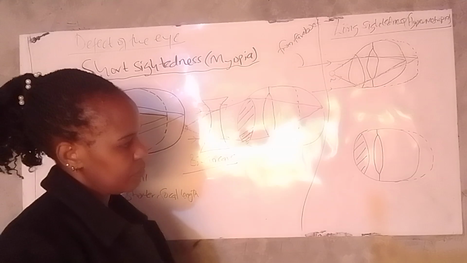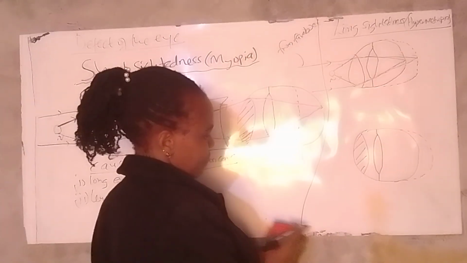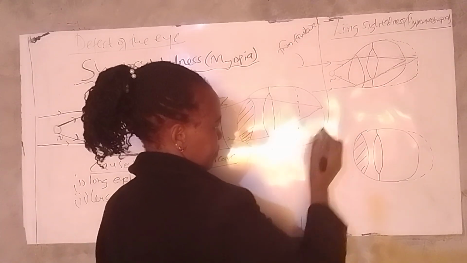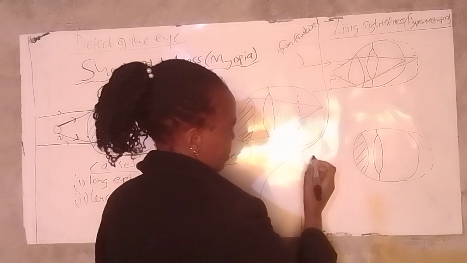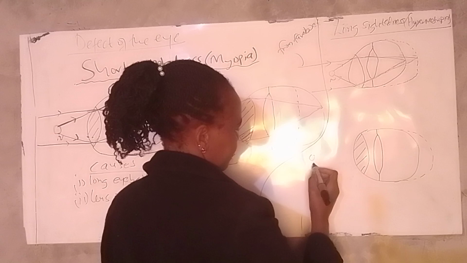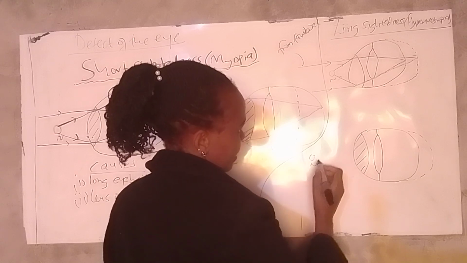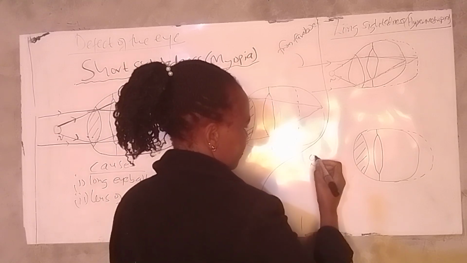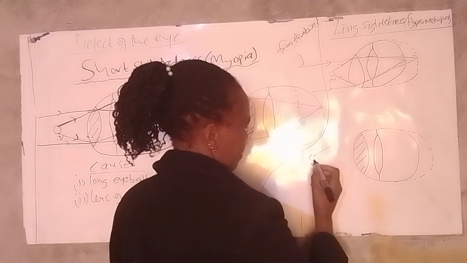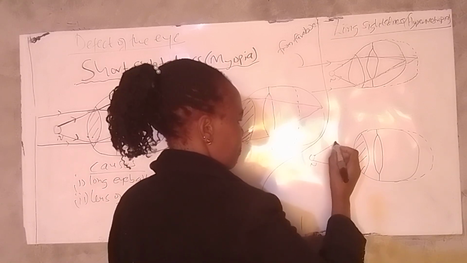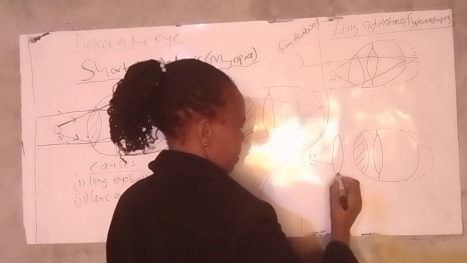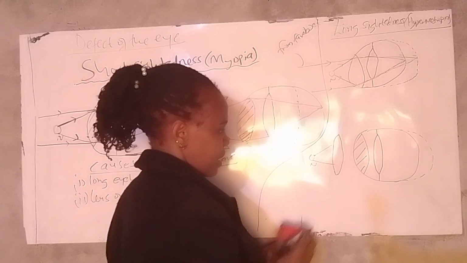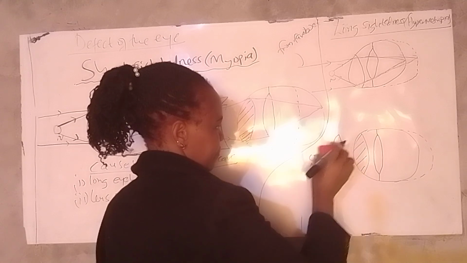Okay. So these rays that are coming from near, so if I have a near object here, these rays that are coming from a near object, I can put a converging lens closer to the eye. Okay? For what? Let's see.